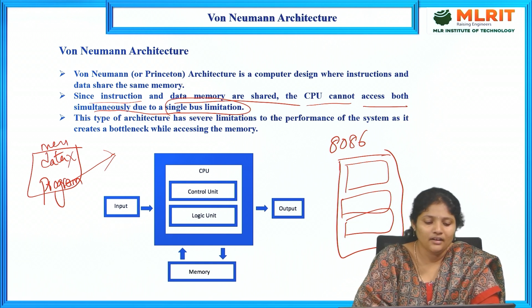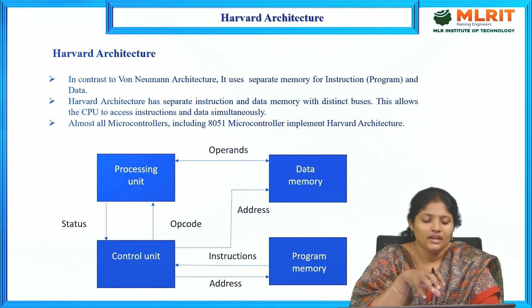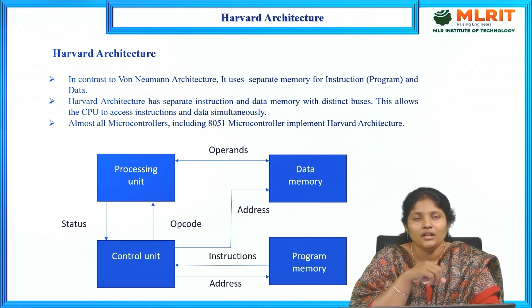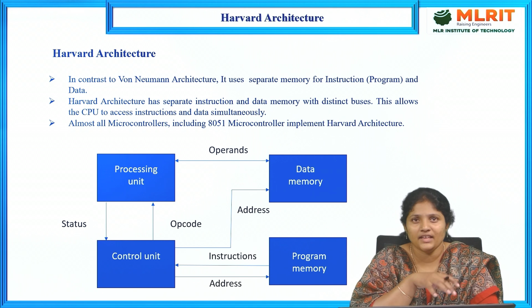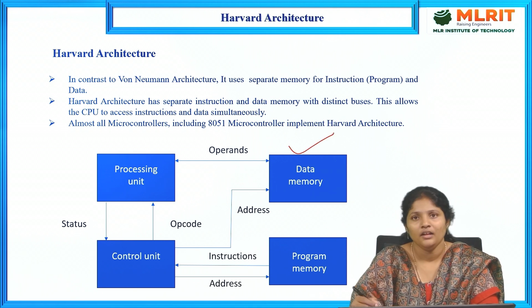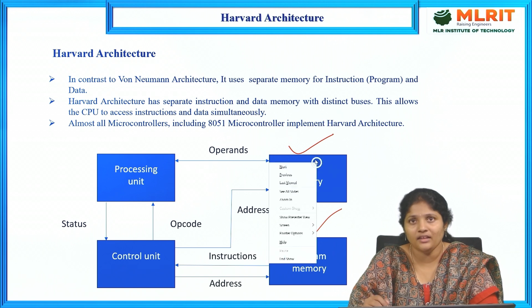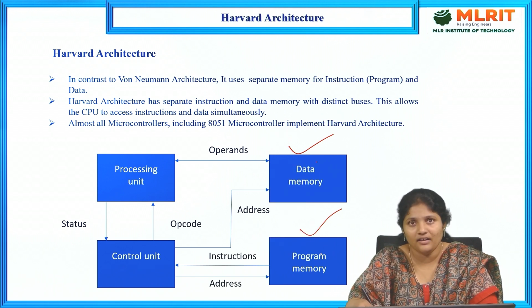The other architecture based on the memory is Harvard architecture. In this Harvard architecture, the problem we faced in the von Neumann architecture has been rectified by using two separate memories for data and program. The data will be stored in the data memory, and the instructions which we write as a program will be saved in the program memory.